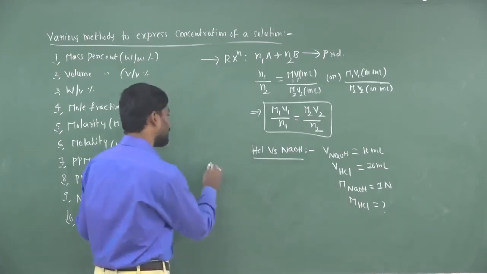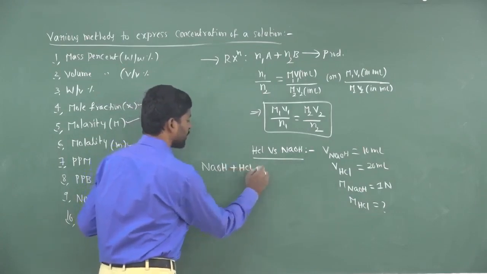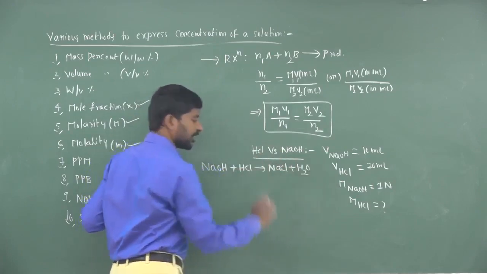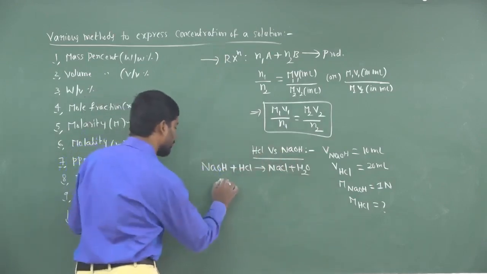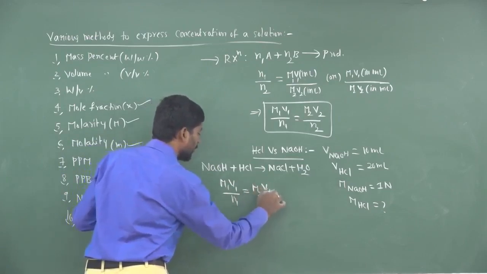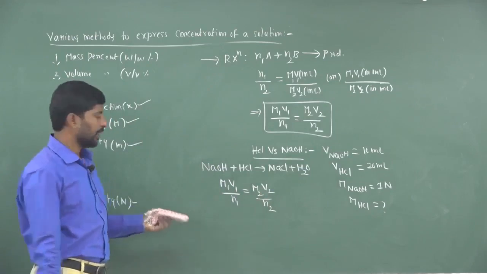What is the reaction between NaOH and HCl? NaOH plus HCl gives NaCl plus H2O. This is the balanced equation. Now we follow M1 V1 by N1 is equal to M2 V2 by N2, with one side for NaOH and the other side for HCl.